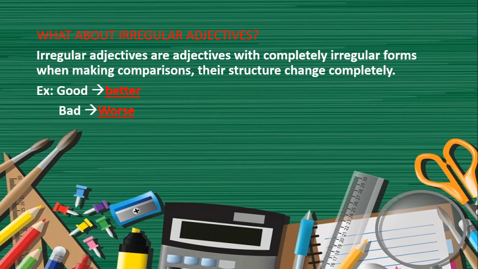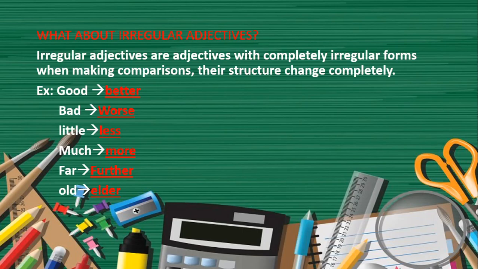The comparative form of bad is worse. The comparative form of little is less. The comparative form of much is more. The comparative form of far is farther. The comparative form of old is elder. But old has two comparative forms depending on what you are talking about.